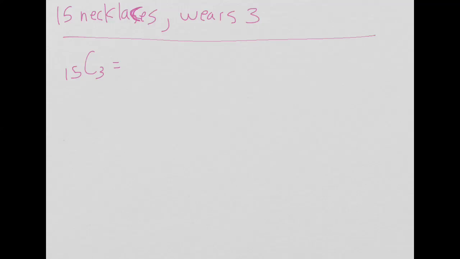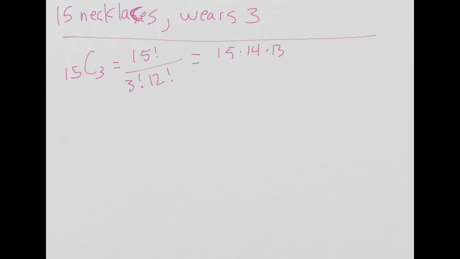So again, if you like to go with the definition of a combination, we're going to get 15 factorial divided by 3 factorial times 12 factorial, which I can simplify to 15 times 14 times 13.